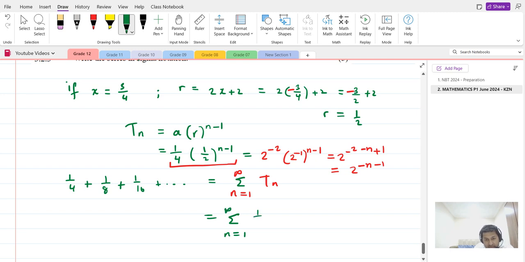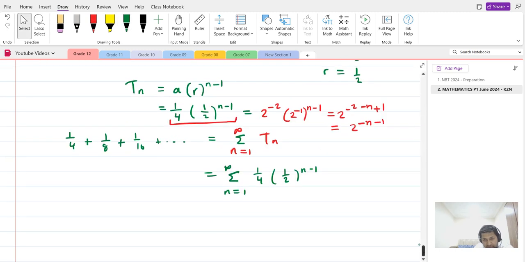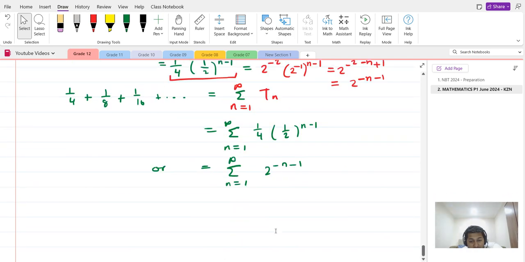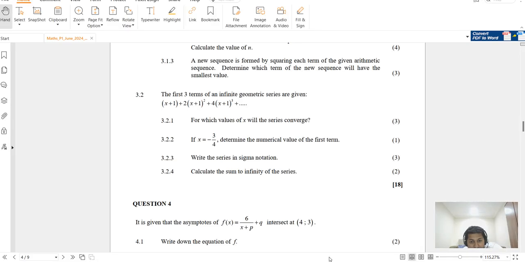Tn formula is a quarter into half to the power n minus 1. And if you simplified it like this, you can also write it as the sum from n equals 1 to infinity of 2 to the power negative n minus 1. I hope you're understanding, guys. Next problem, calculate the sum to infinity of the series.